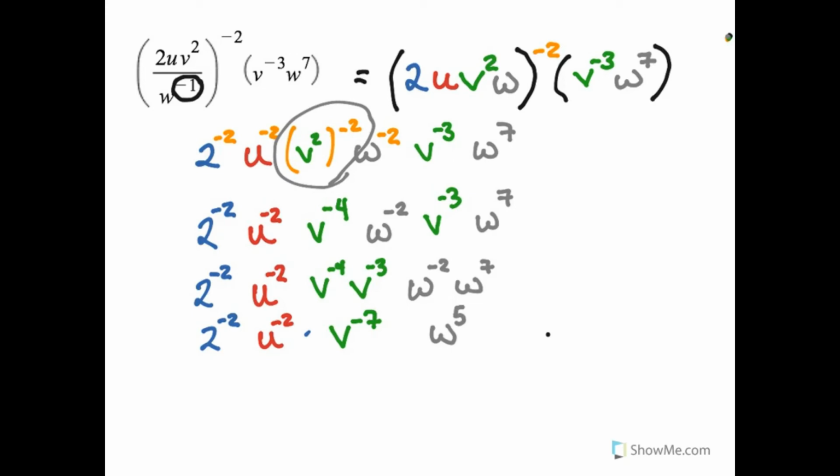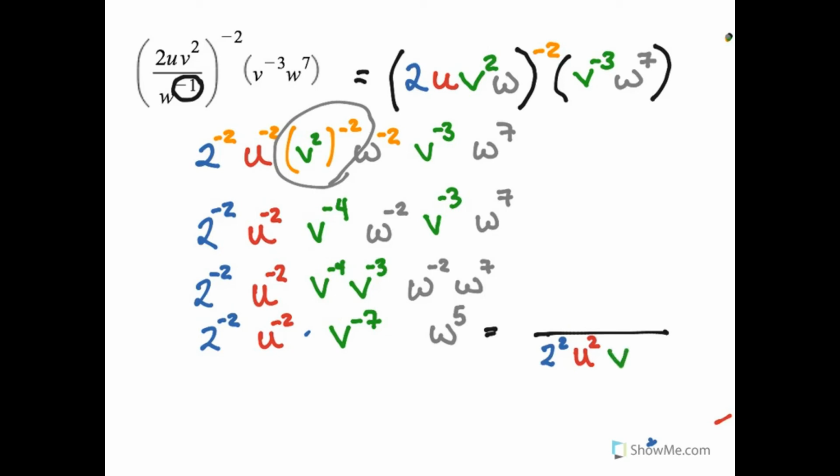Now I want to rewrite it without any negative exponents. 2 to the negative 2 is going to give me a 2 squared in the denominator. u to the negative 2 gives me a u squared in the denominator.